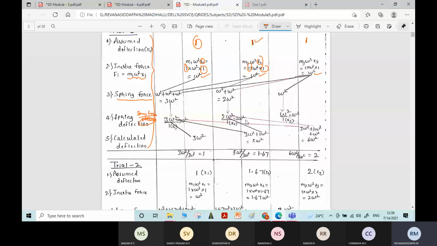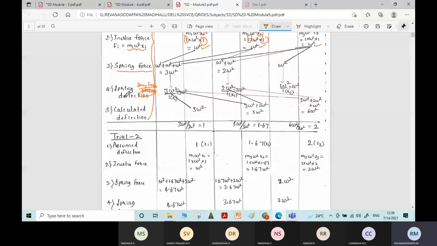After getting the spring deflection, these are all the individual spring deflections. Next you need to calculate the resultant deflection for each mass. How to calculate? The resultant deflection of mass 3 is the deflection of mass 1 plus deflection of mass 2 plus deflection of mass 3.